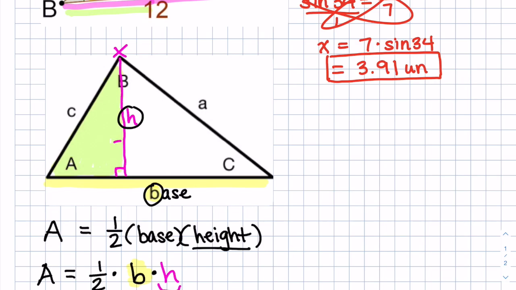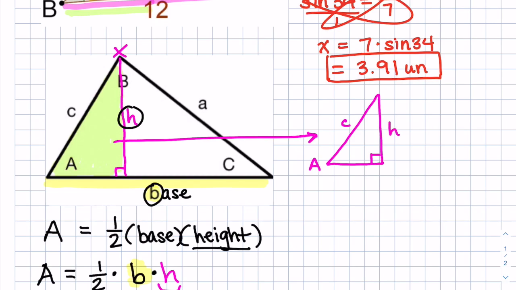So I'm going to pull out this green triangle. It looks kind of like this. And what do I know about it? So I know this is little c. I know this is capital A. And I know that this is h. That's pretty much all I know because I cut through B, so I lose it. So if I use this as my angle, I could set this up as the hypotenuse, the opposite, and the adjacent, which is useless.